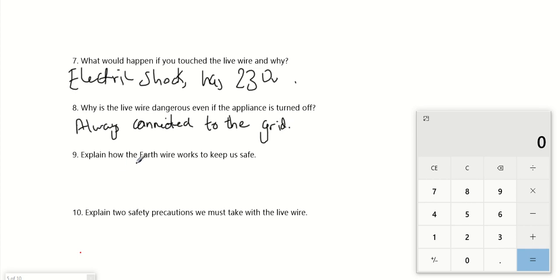Explain how an earth works to keep us safe. It touches the metal of an appliance.